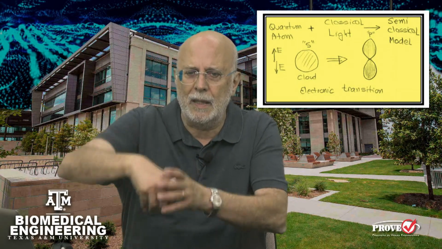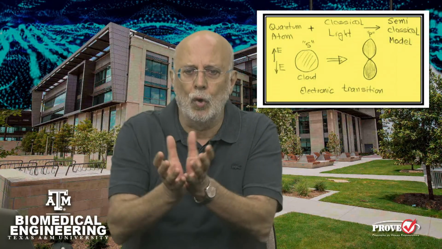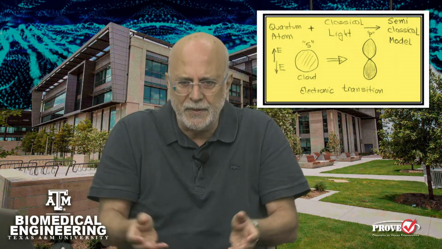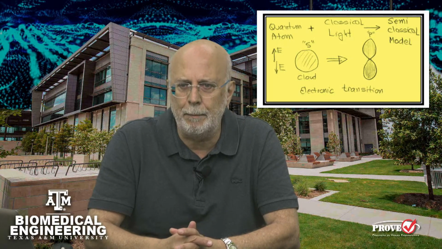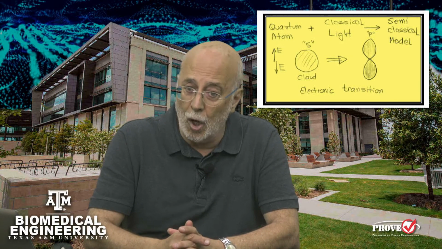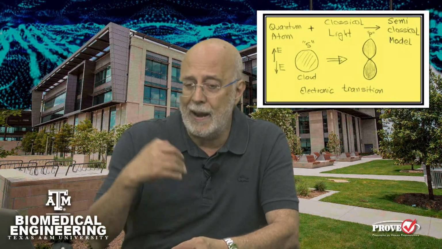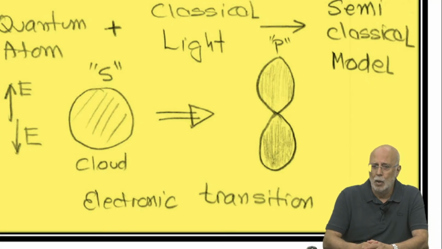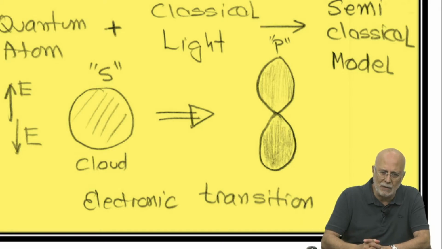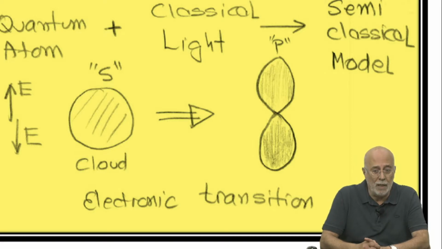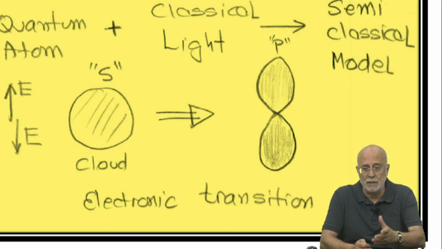When it's up, you make the electron cloud go down. So actually you go from a sphere to those two bumps that characterize the p orbital. So if this interaction is such that whatever the light is doing looks like the p orbital, then this interaction is allowed, and probably there will be an electronic transition.